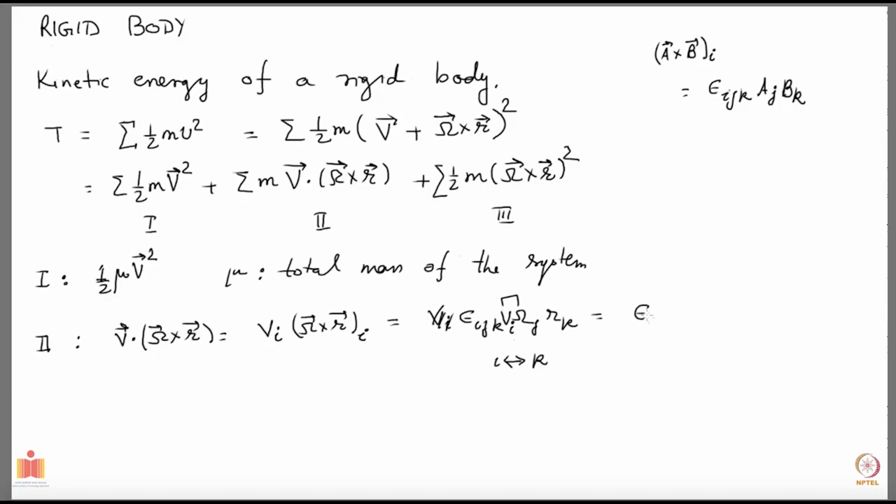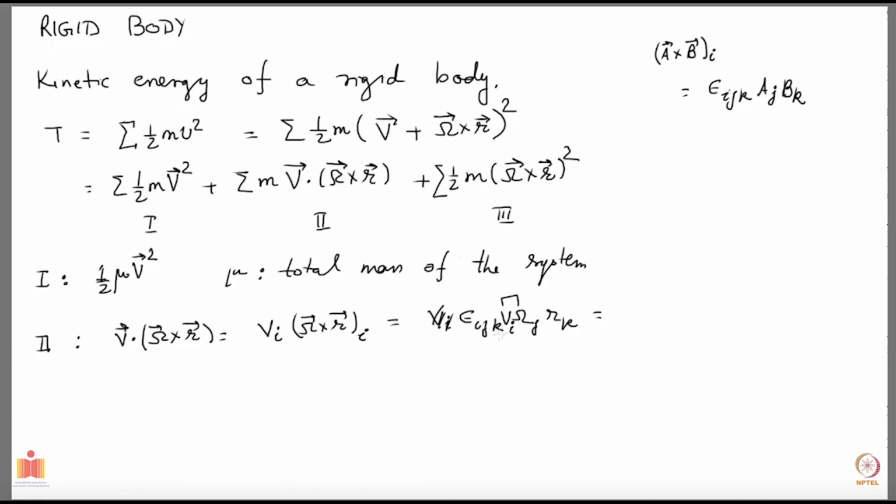So I get epsilon_kji, sorry, that doesn't help at all. No, that's not something I should do. I will just permute the indices i and k.